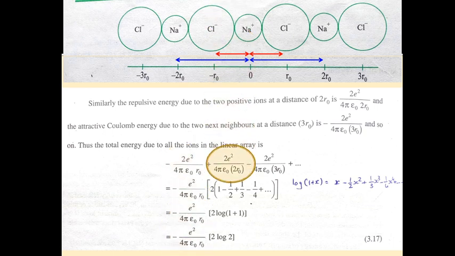So now in the second step of the Coulomb energy calculation, I find the sign is positive because they are repulsive energy. Again, the factor 2 is because of the 2 sodium ions on either side of the zeroth position sodium ion of my single axis.